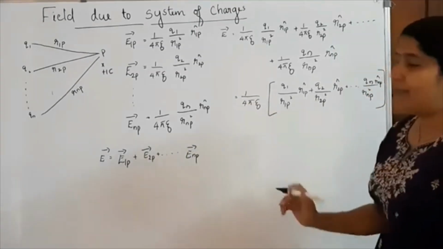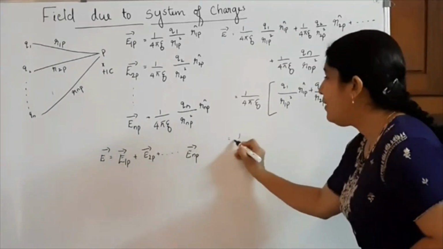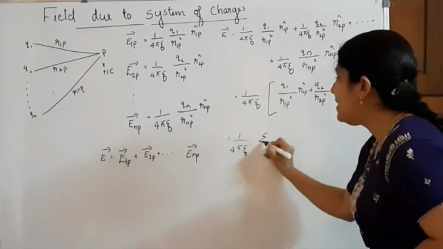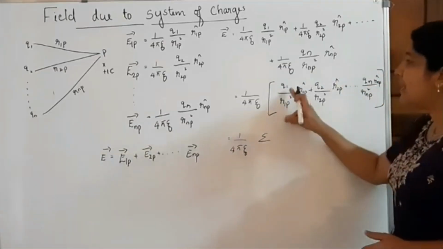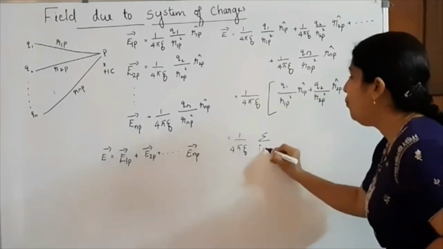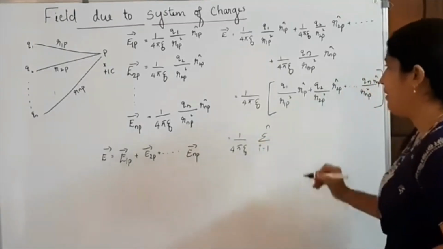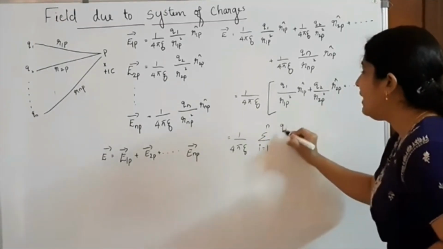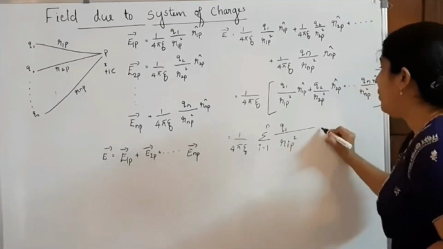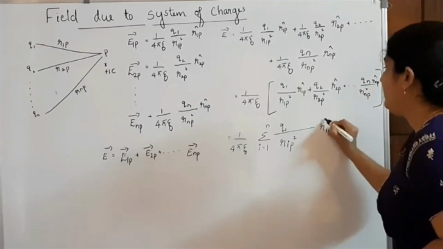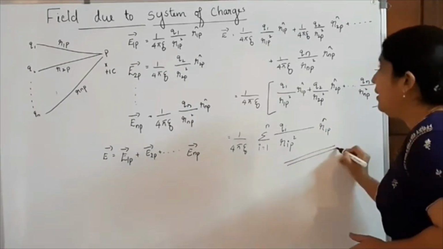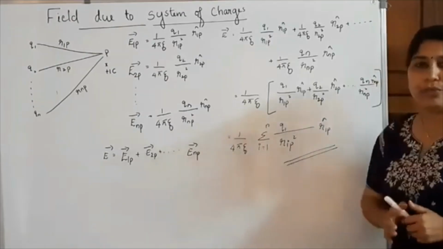This equation we can write as 1 by 4 pi epsilon 0 into summation from i equal to 1 to n of Qi divided by RiP square into RiP cap. This is the field due to a system of charges.